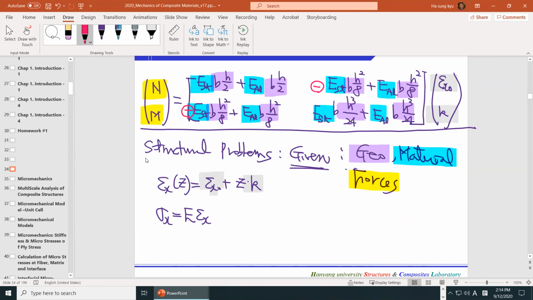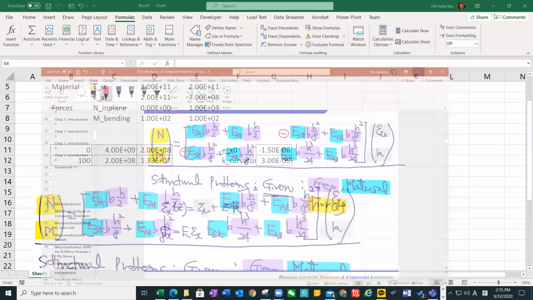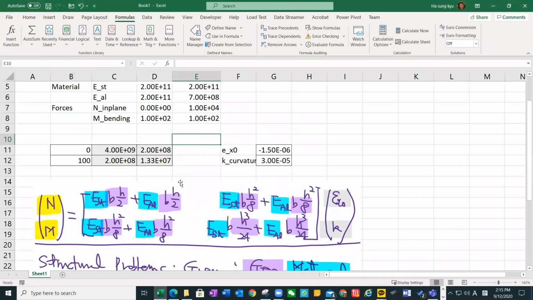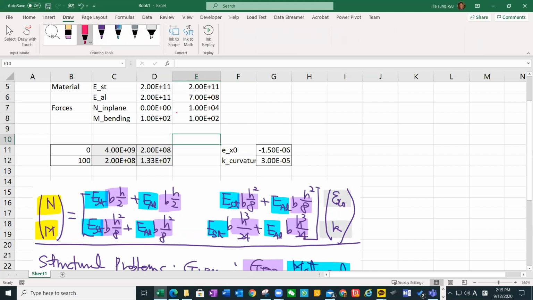Well, we don't mind going through this kind of debugging. We always have to face this kind of debugging procedure. So back to here. Well, here we have a minus here and minus here.